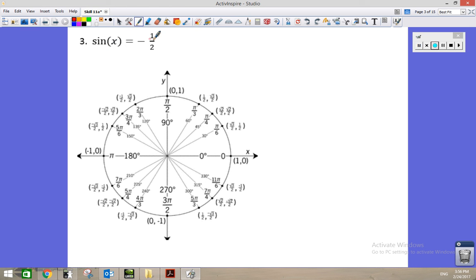I want to find a y-coordinate that's -1/2. Negative y-coordinates live below the x-axis, so the points of interest are here at 7 pi over 6, and over here at 11 pi over 6. All right, so on 0 to 2 pi, one solution is 7 pi over 6.